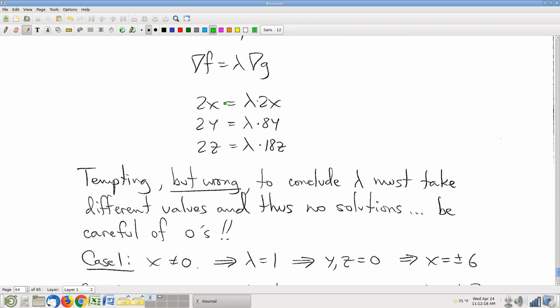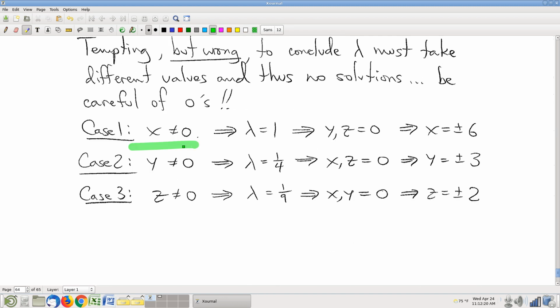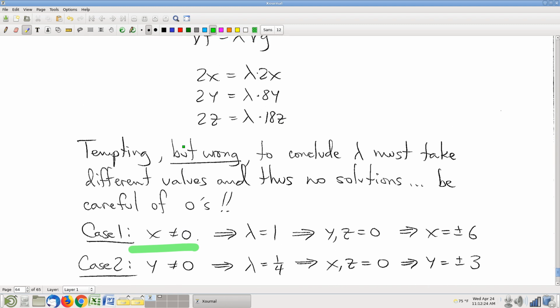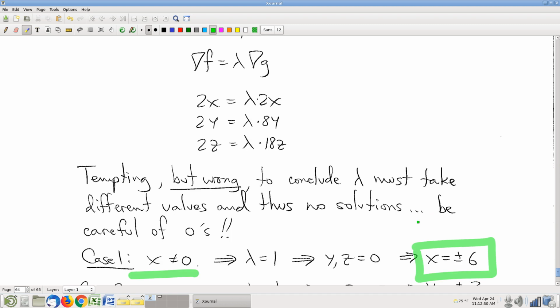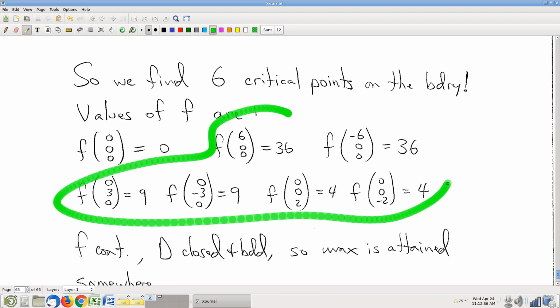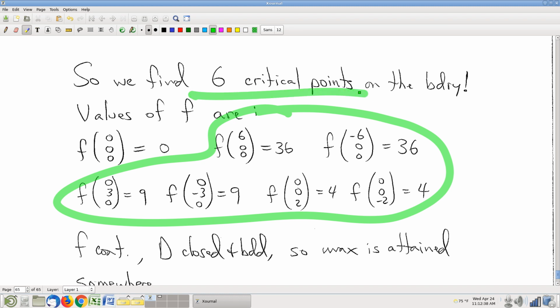And notice, in each one of these cases, follow it through, and you find critical points. So it's tempting to look at this and see no critical points, but in fact, we have, from there, 6 critical points on our boundary.